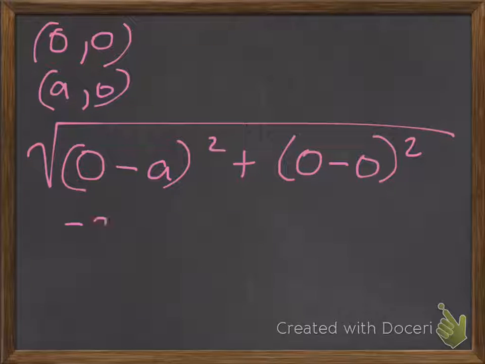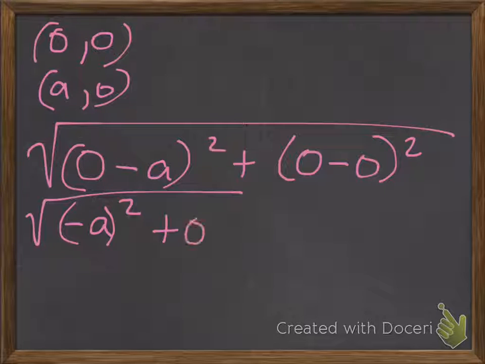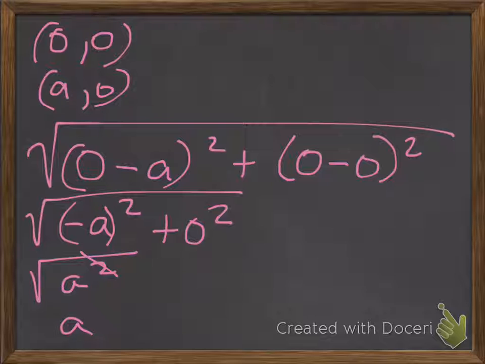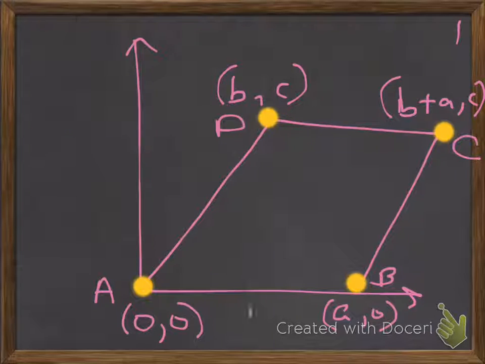That gives us negative A squared plus 0 squared, or just A squared, and then we take the square root, so it's really just A. That would be the distance here.